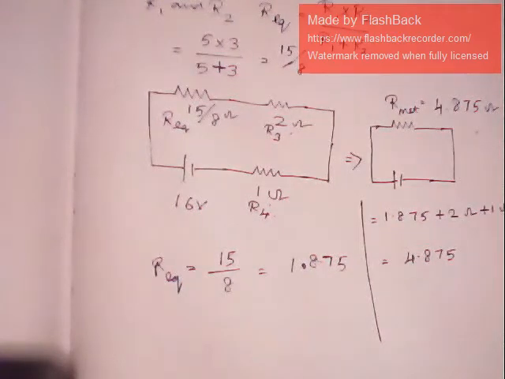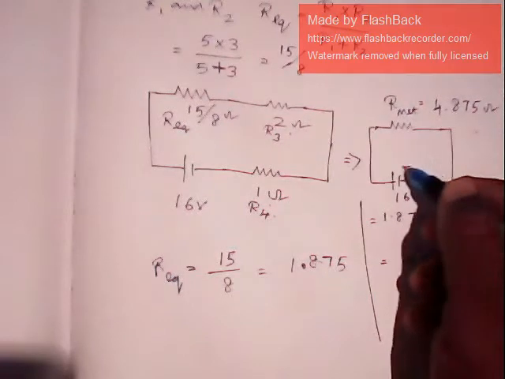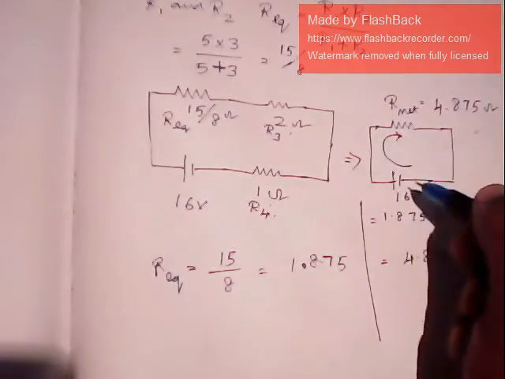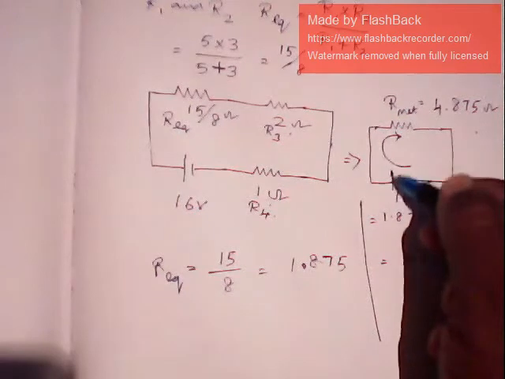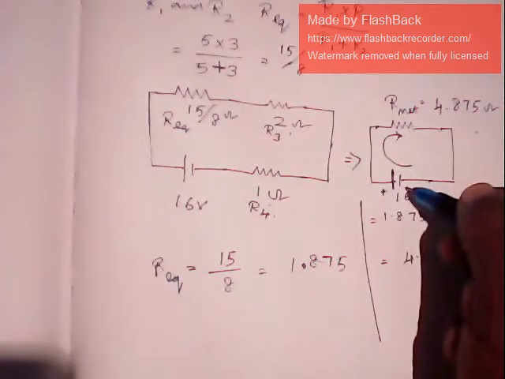Now the voltage is 16 volts, and you need to find the current supplied by this battery. This is positive, this is negative.